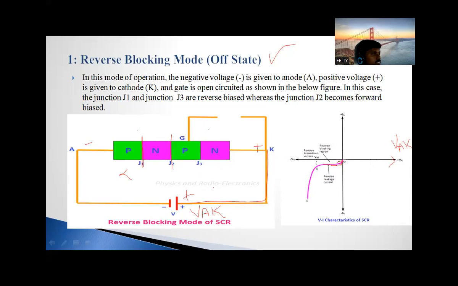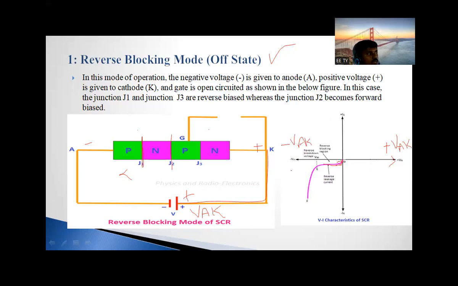Reverse voltage. Cathode is connected to the positive and anode is connected to the negative. So we have applied reverse voltage to the SCR. That's why this side is plus VAK and this side is minus VAK. VAK means the voltage across the anode and cathode, negative voltage.